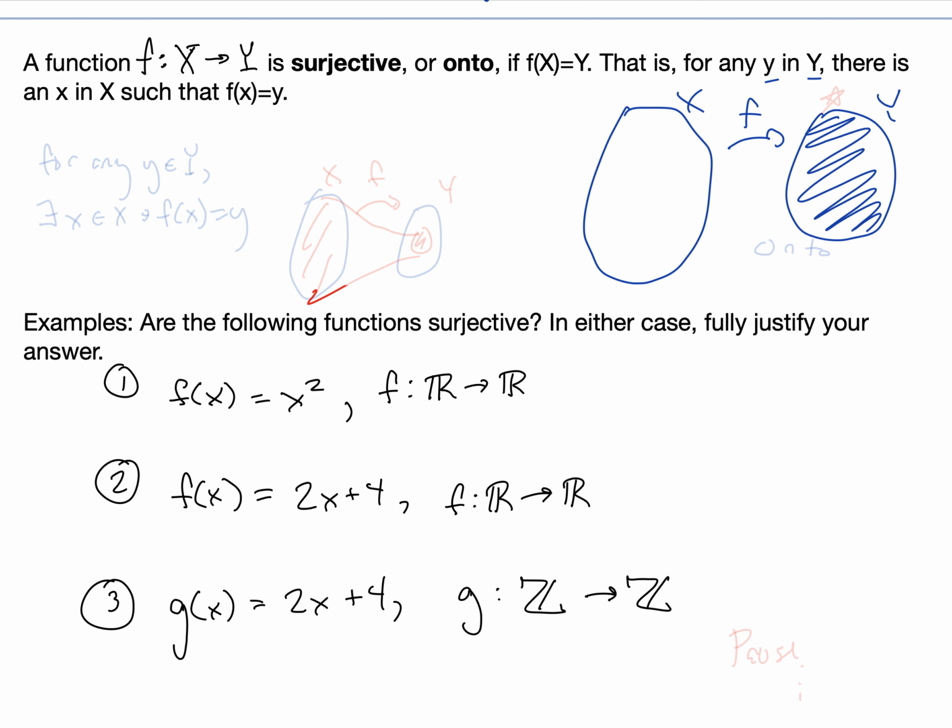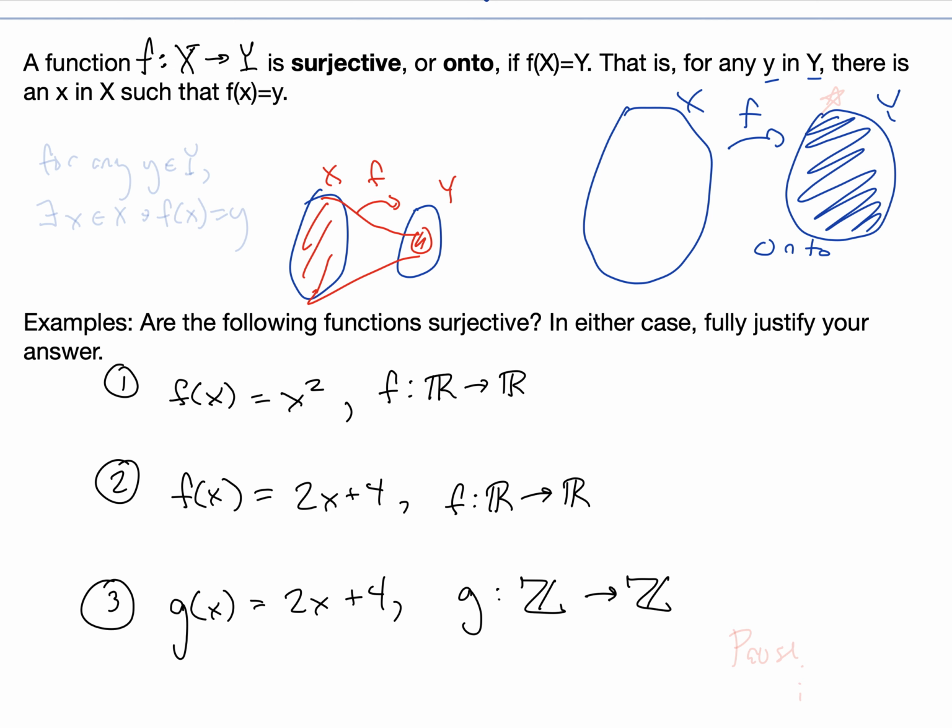So this would be a function that is onto, whereas a function that is not onto, maybe you could draw in such a way. So f mapping a set X to a set Y would not be onto if the range of the function was less than the entire codomain.